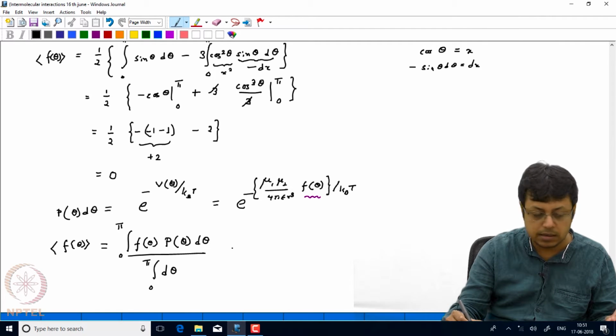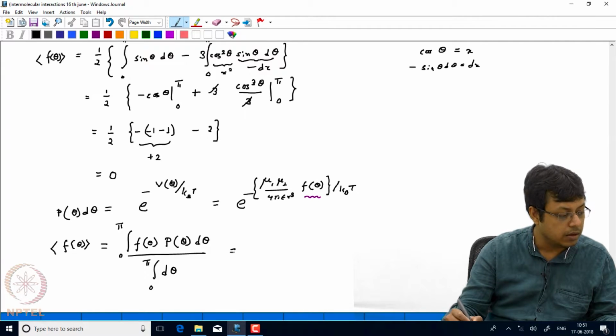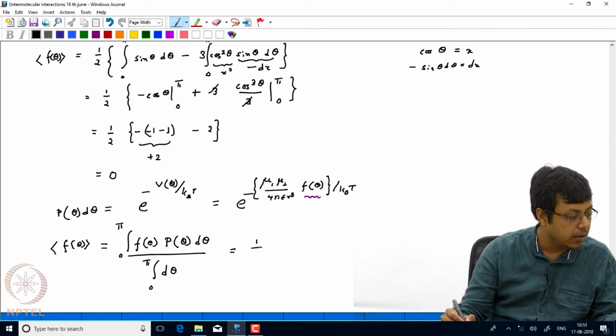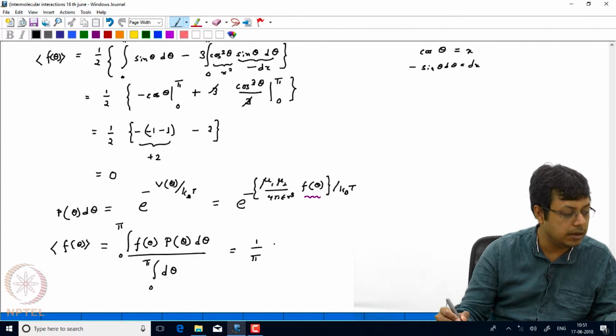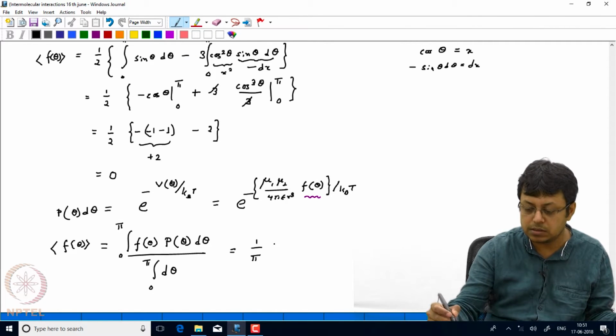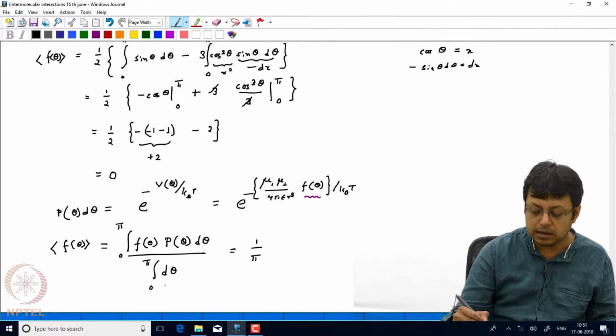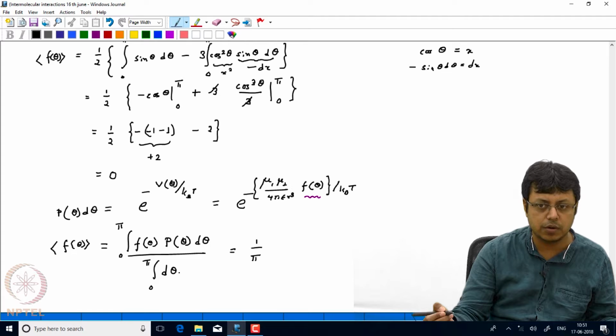So, what we will get is something like this. I will have 1 over pi, because the theta integration is between 0 and pi, so that is just a straightforward integration, 1 over pi.